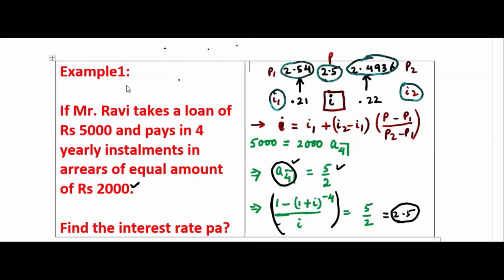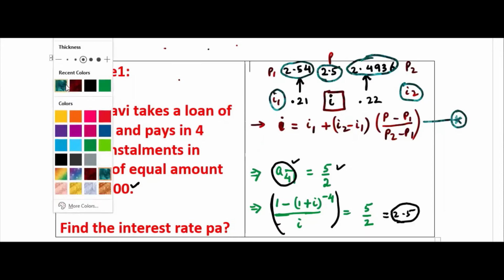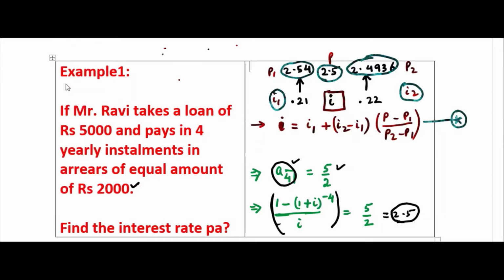This is the equation of a straight line, the linear interpolation formula. If you use this, you will be able to know what is I. So I is equal to I1, I have taken 0.21, plus 0.01 times a fraction, P minus P1 over P2 minus P1. You find this and put it here and tell me the final answer.